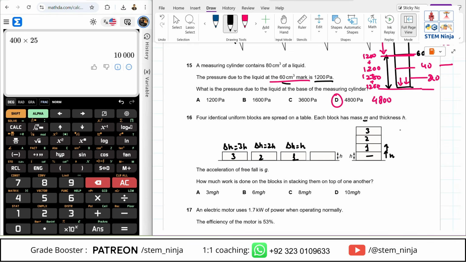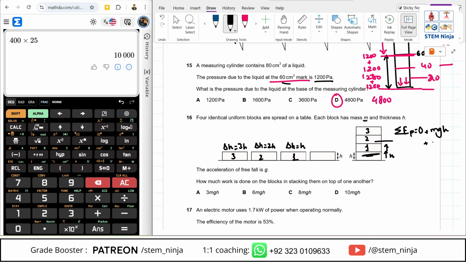Okay, so the total change in potential energy is going to be equal to the work done. For the first block, 0. For the second block, mgh. For the second block, sorry, for the third block, this is this one.